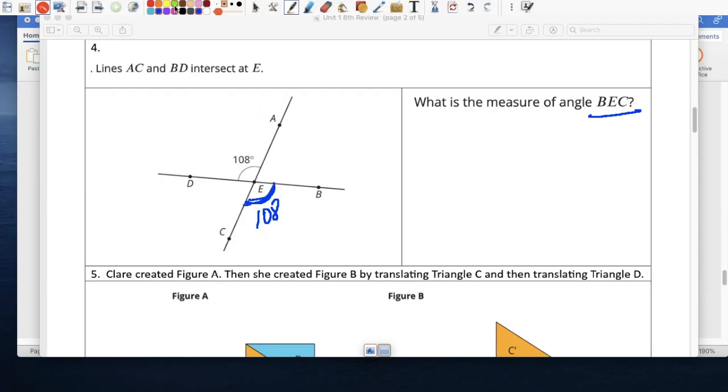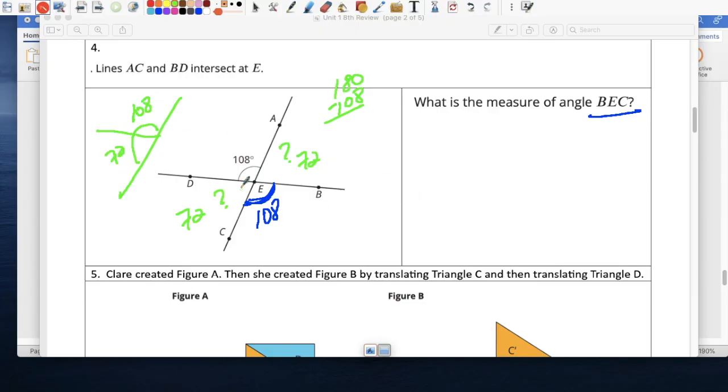Just to complete this, can somebody tell me what this angle and what this angle would be? Well, you would do 180 minus 108. And you would tell me that this is 72, and because this is 72, the other side is 72. Now, if I took these two right here, you notice that this is 108, and this is 72, and they add up to 180.